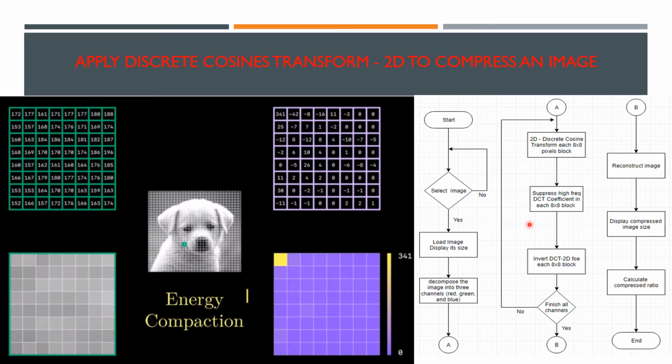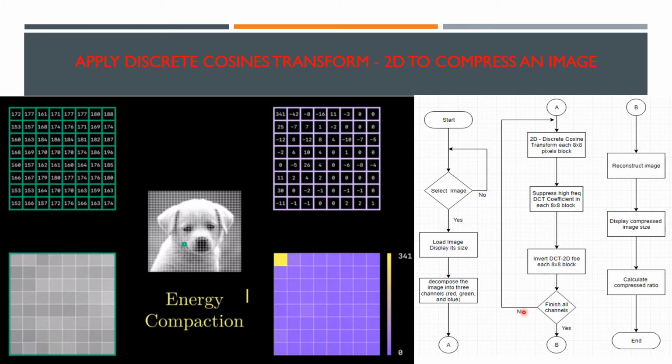Based on our observation, we keep the coefficients for the low frequency and suppress the coefficients for the high frequency. After that, we do the inverse discrete cosine transform for each 8 by 8 block, and keep doing it for the whole channel.